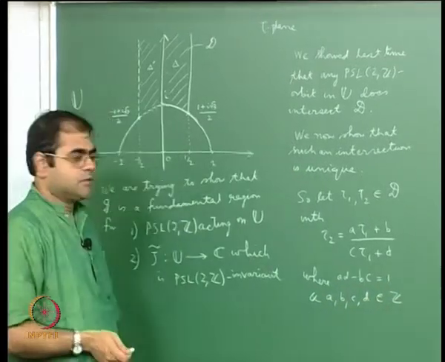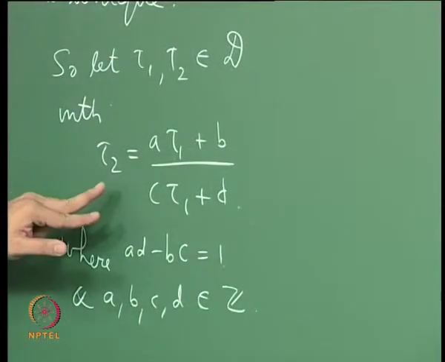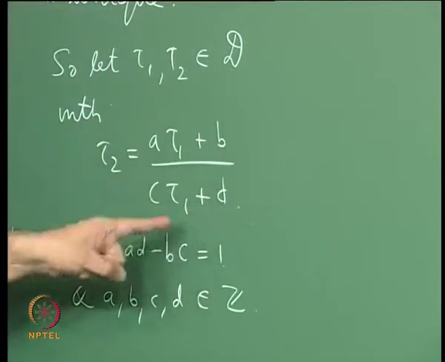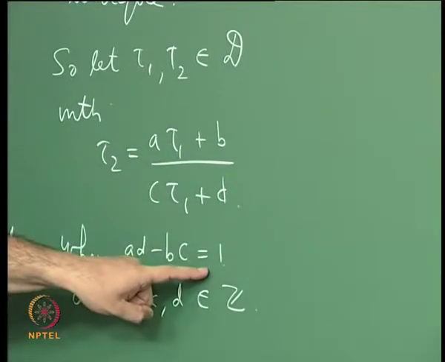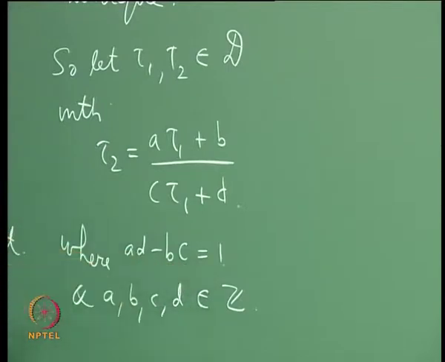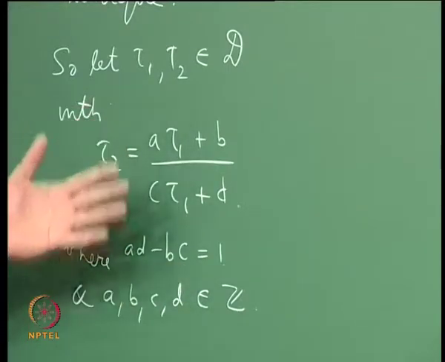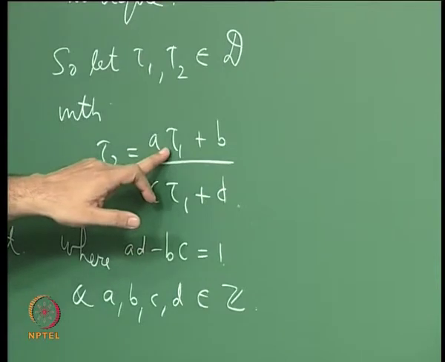So what I have assumed is that this Mobius transformation, which is represented by the matrix A B C D with determinant 1 and is thought of as an element in PSL2Z, when it acts upon tau 1 you get tau 2.